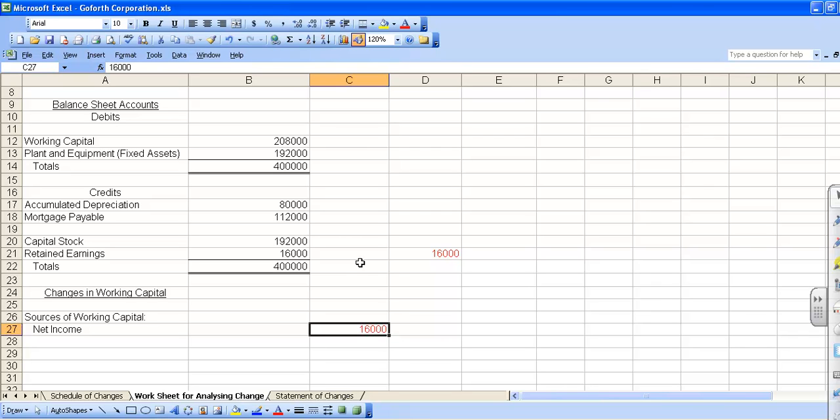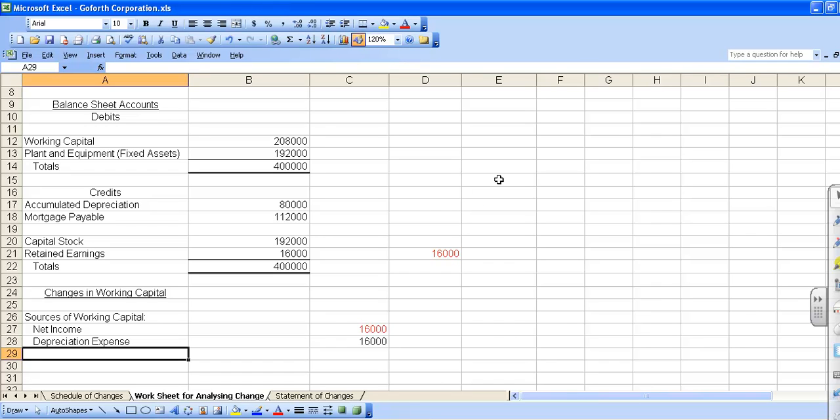Hopefully that makes sense. Item B, depreciation on fixed assets for the year. Once again, that's a source. I know it doesn't make much sense, but it is. So depreciation expense for the year, and all of the sources are going to be a debit on the bottom half.